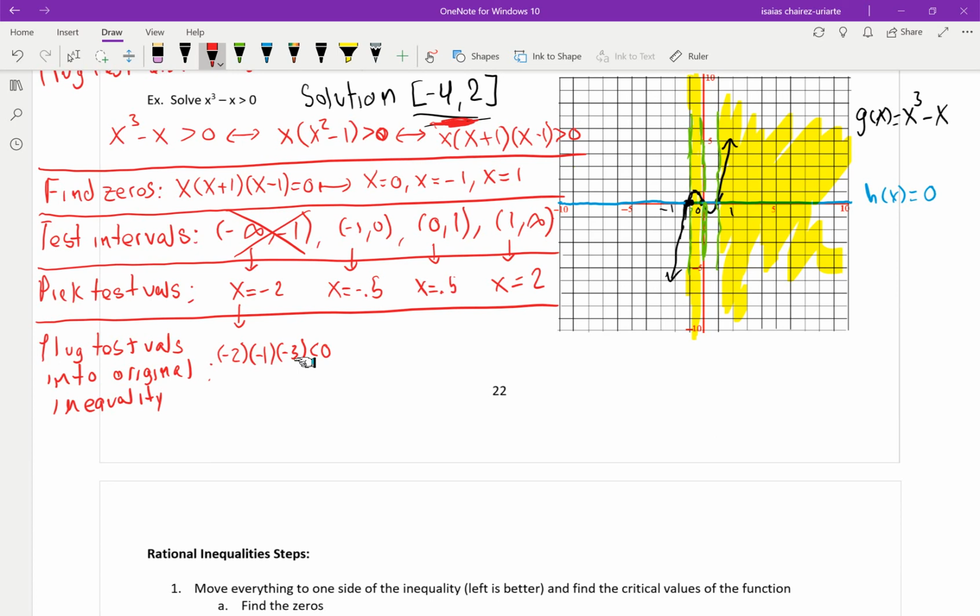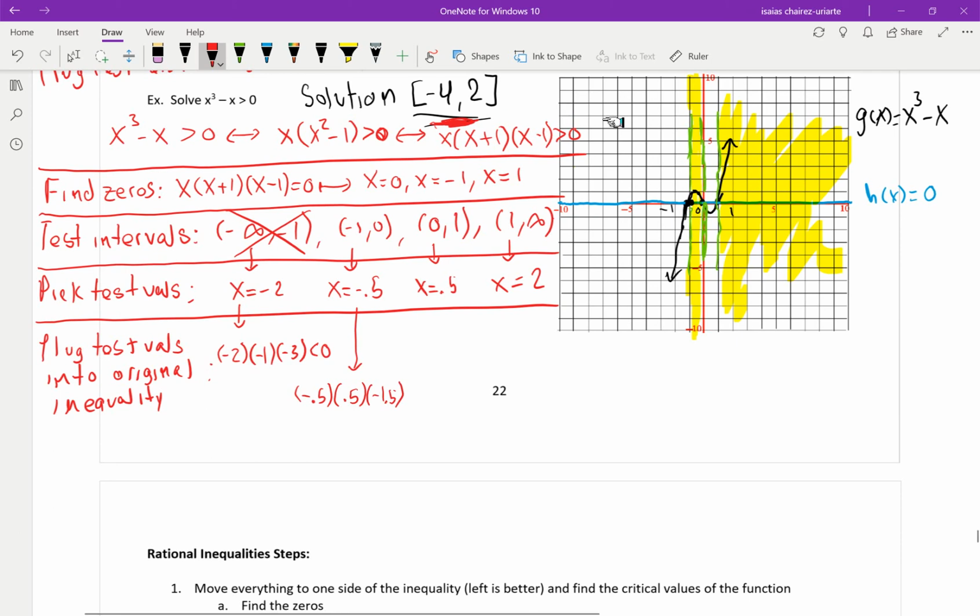Alright, so let me test the next x value. So plug it into the factored form. So that becomes -0.5 times +0.5 times -1.5.